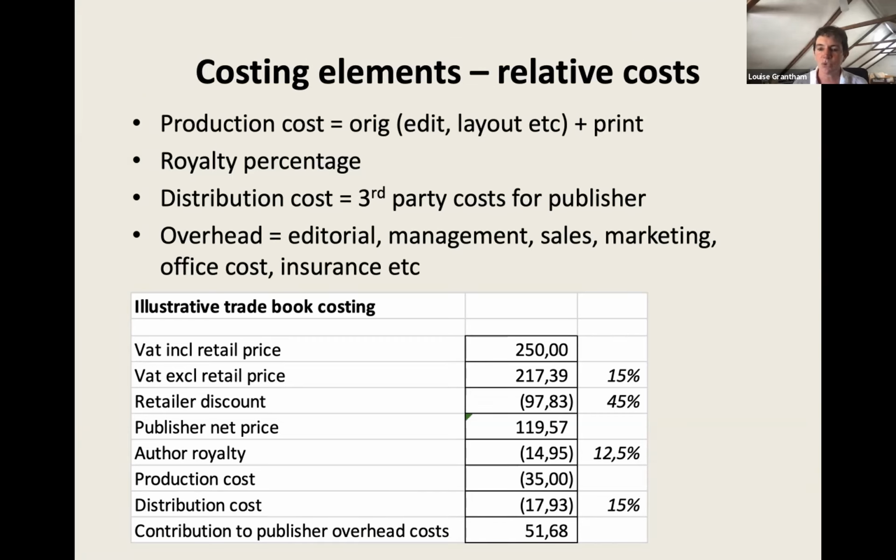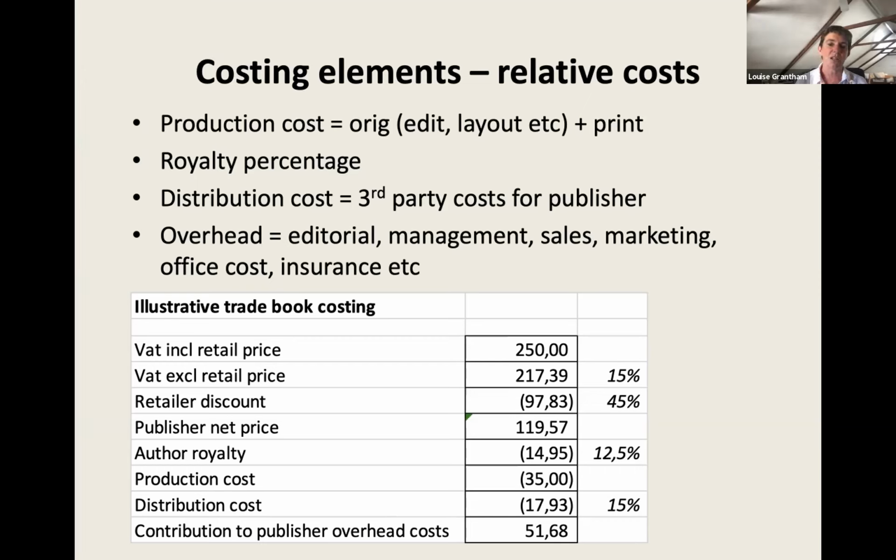So that's roughly 15 Rand. Then we've got the production cost of the book, which relates back to the previous page. So we've got a production cost of 35 Rand per book in this case, worked out as per the previous slide, and a distribution cost of 15%, which is 18 Rand in this case.